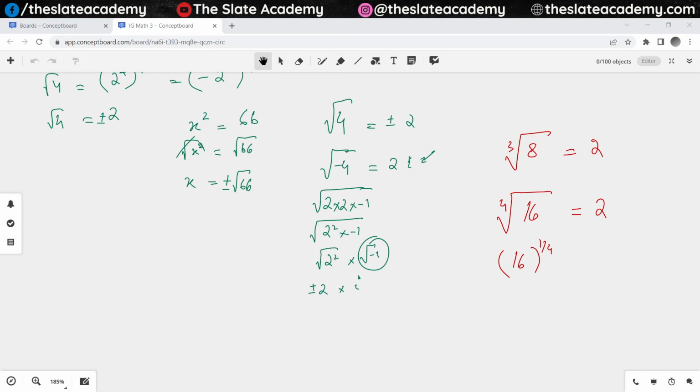Can I express 16 as some number raised to the power 4? 16 is 4 times 4, so I can say 2 squared into 2 squared, all to the power 1 over 4. Since the bases are the same, when I'm multiplying these two numbers their powers add. So it would be 2 to the power 4, raised to the power 1 over 4.